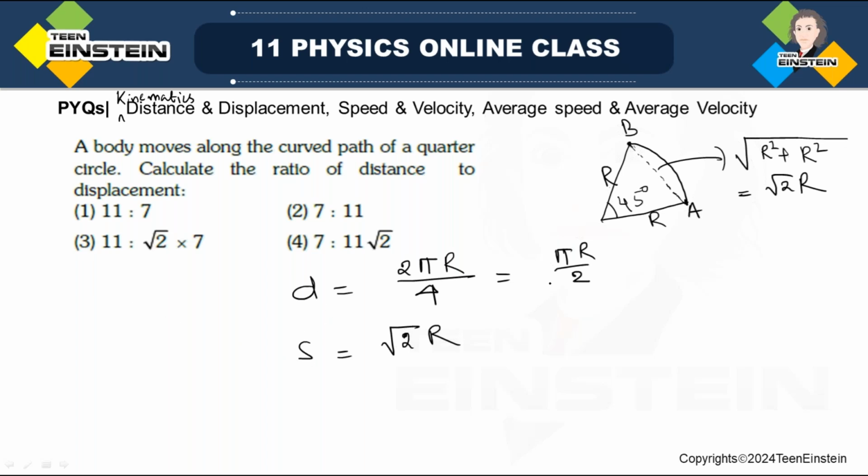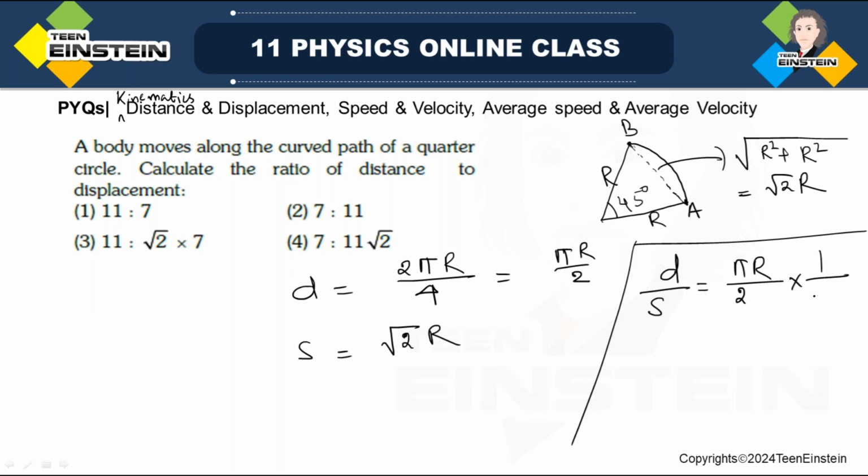If I take the ratio of distance to displacement, this is pi r by 2 divided by root 2 r. The r cancels, I can strike them out.